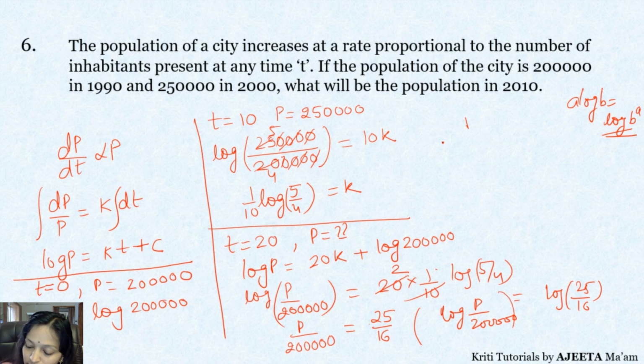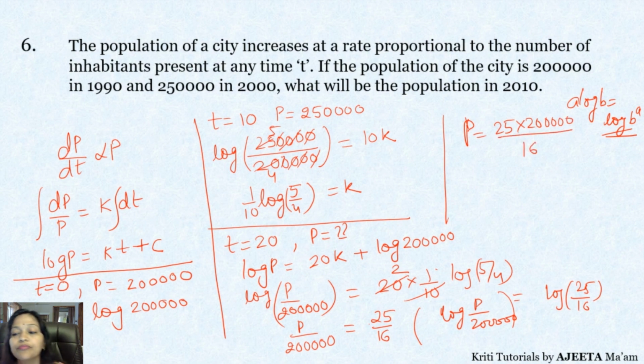Now what's your answer? So your P will be 25 into 2 lakh upon 16, right? Now let's calculate the P value. Let's do it. 4, 5, 50,000 to 25, and then we get here 125.